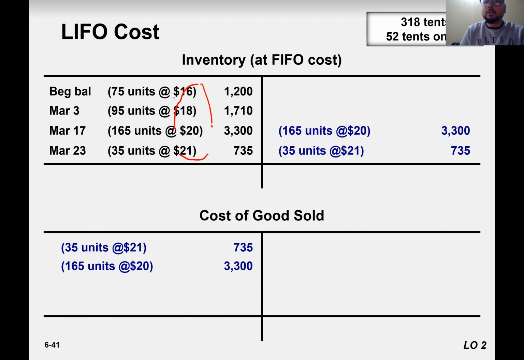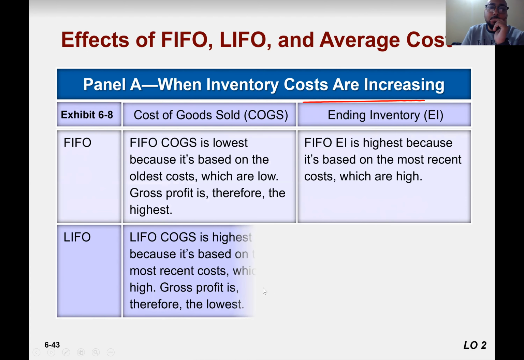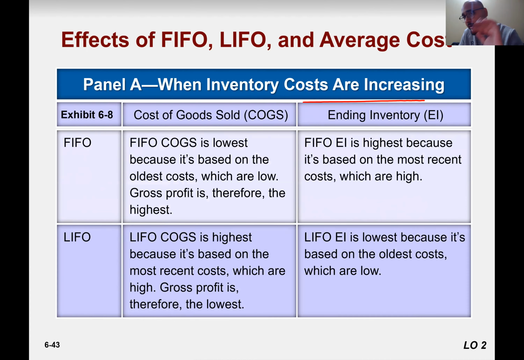So when inventory costs are rising, in an inflationary period, FIFO cost of goods sold is lowest because it is based on the oldest prices. You can just compare. Ending inventory is highest because it is based on the latest prices. LIFO is the opposite. Its cost of goods sold is highest, and its ending inventory is based on the oldest prices.